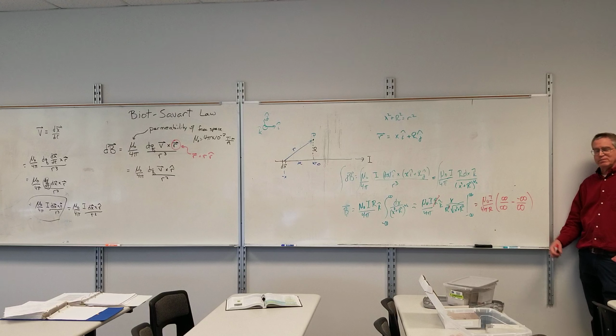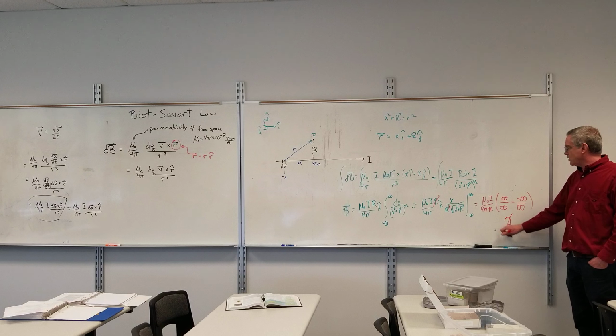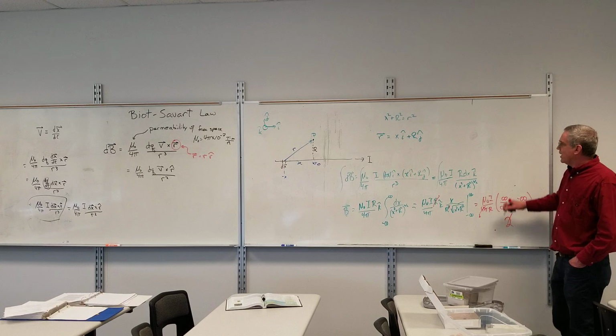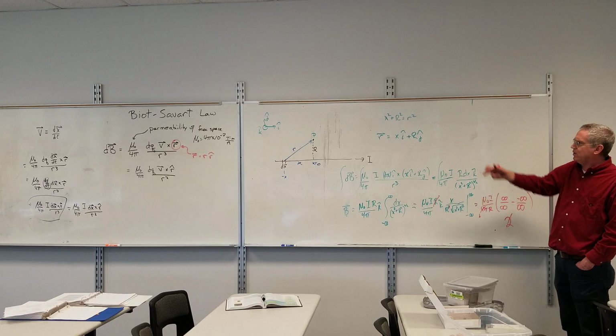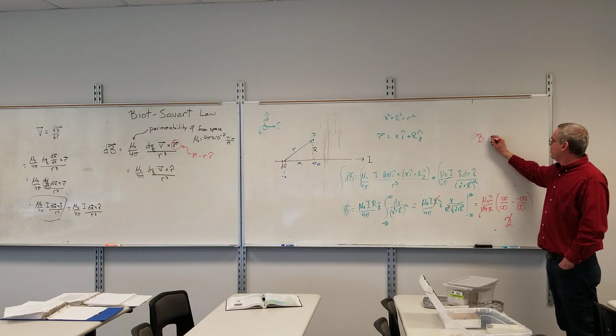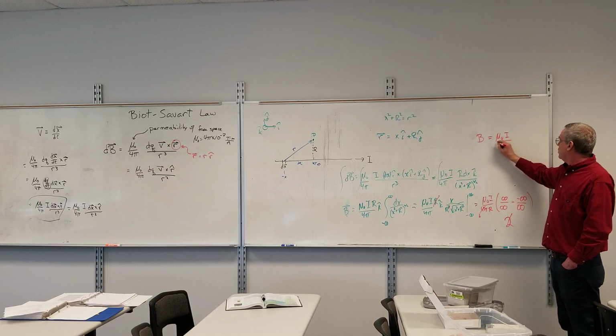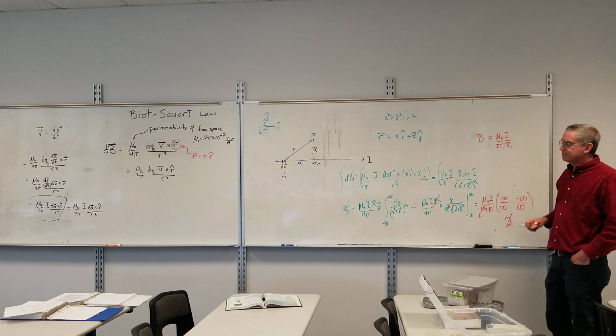And what is infinity over infinity minus negative infinity over infinity? 2. So that 2 is going to cancel out with one of those right there. And so what I am left with is the magnetic field at a distance big R away from a current is mu naught I over 2 pi r.